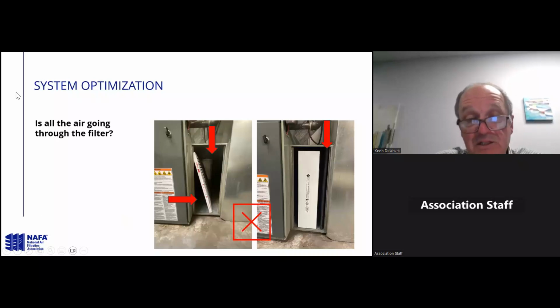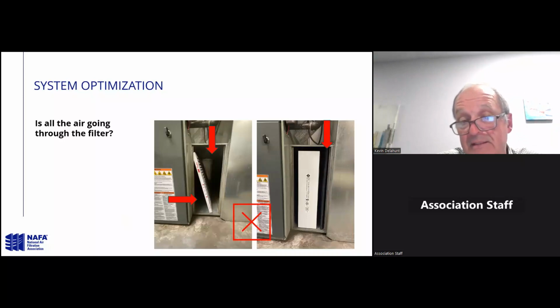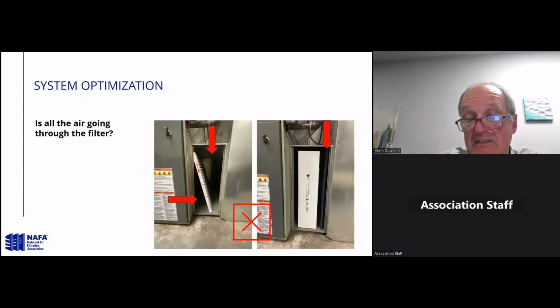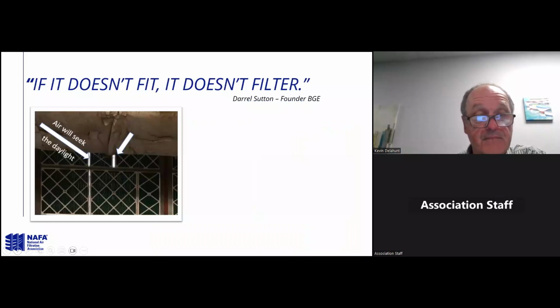So we've got to ask the question, is all the air going through the filter? On the left-hand side here, you've got a 1-inch filter in a 6-inch track, and then you've got the right size filter maybe in the second one, where the filter actually is filling the whole space, and it's not going to flop and bang and knock a whole bunch of dirt off the filter.